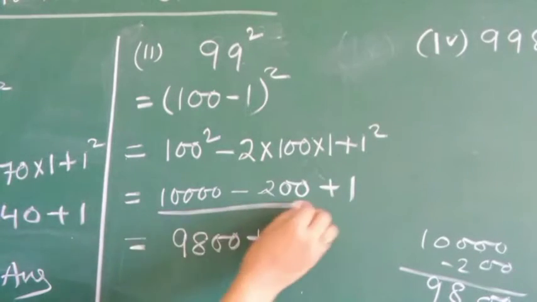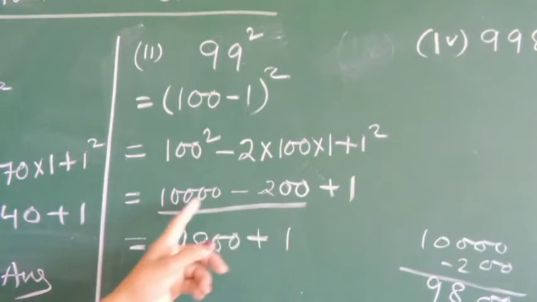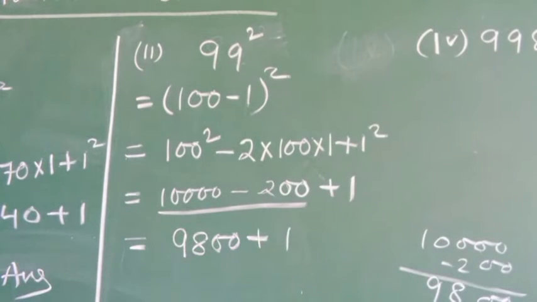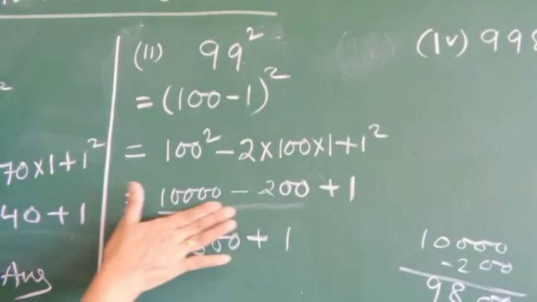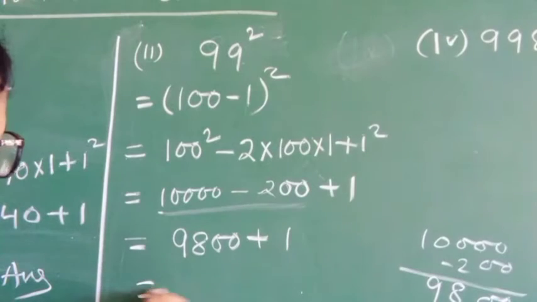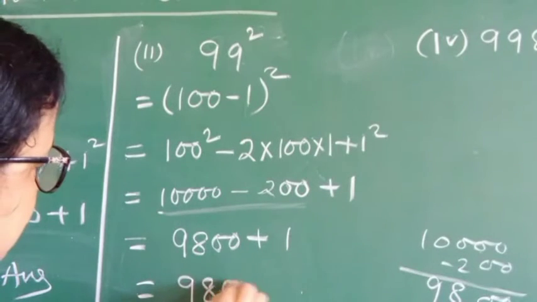You have subtracted 200 from 10,000, then after that you need to add 1, and when you add it you will get 9801.